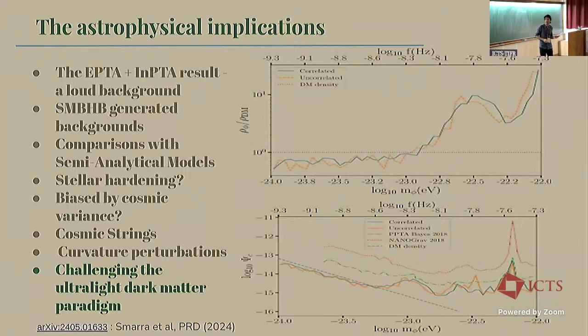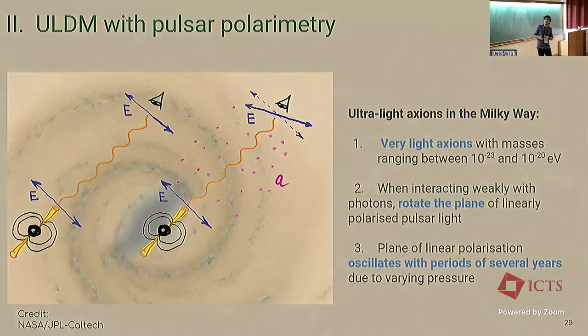So I'd advise you to take a look at that one. But can we take this a little bit further? Is there something else that I can do with pulsars or PTA data that lets me constrain ultralight dark matter in a more interesting way?